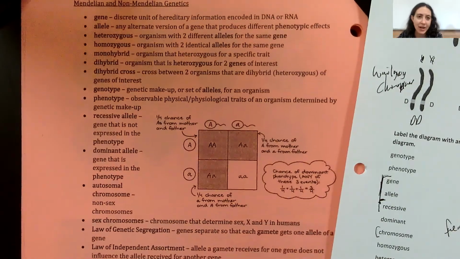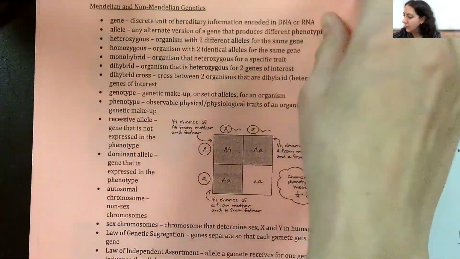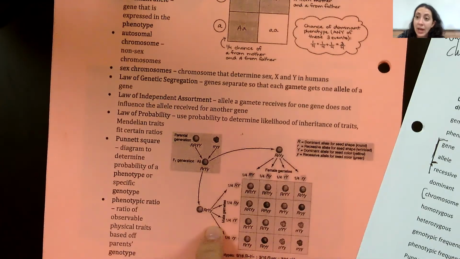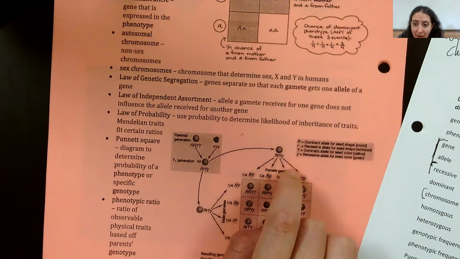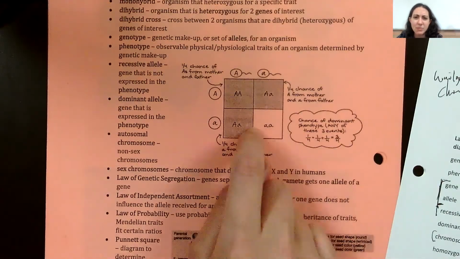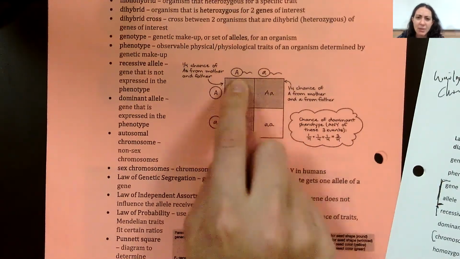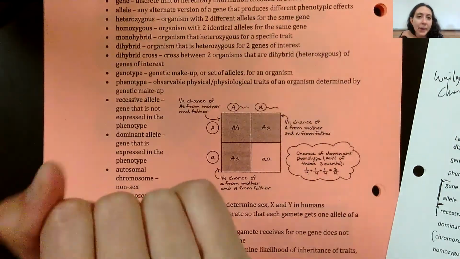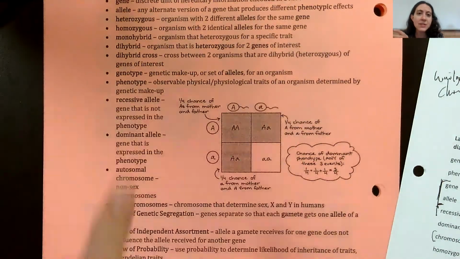For example, there is a great example down here of a dihybrid cross. These two organisms are heterozygotes for two different traits, both the shape and color of pea seeds. Sometimes this can also be thought of as a dihybrid cross where you have the heterozygous from both. Anyway.